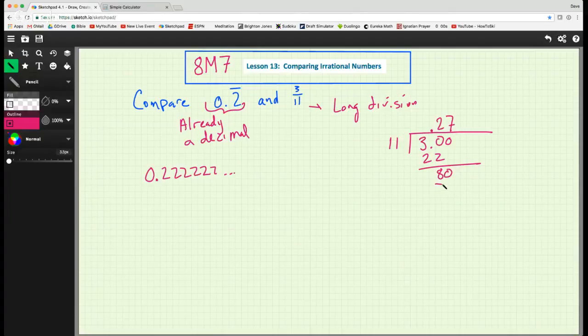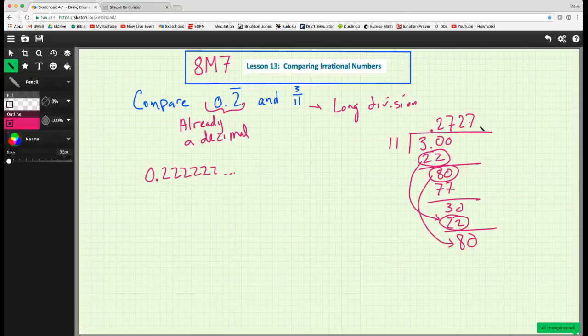We're duplicating this number here, and then we duplicated this. That number is duplicated. That number is duplicated. So we know we have a repeating pattern.